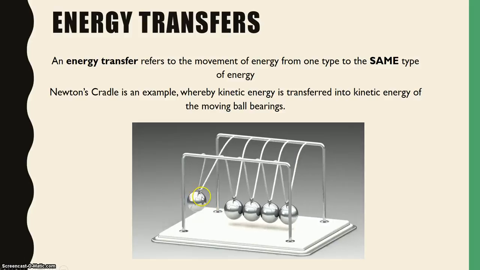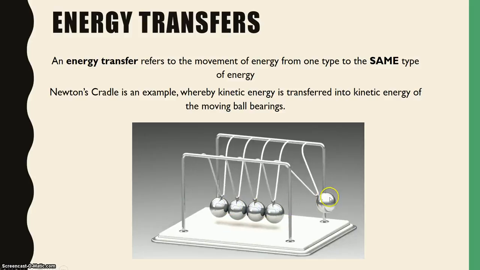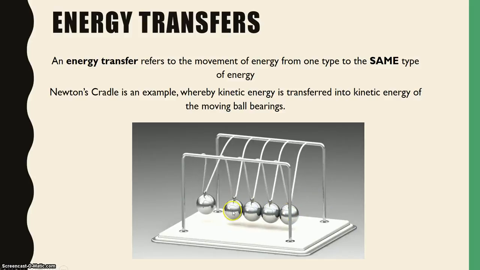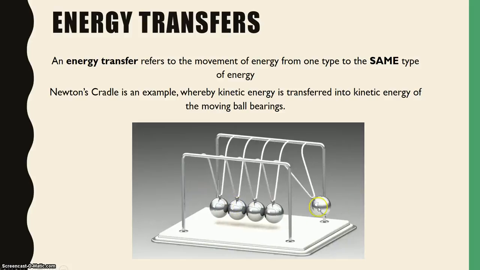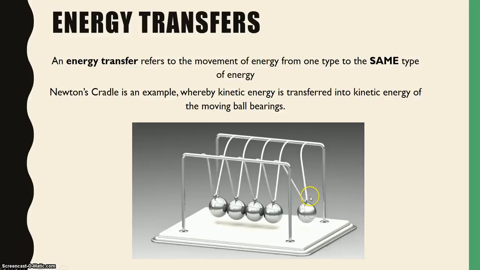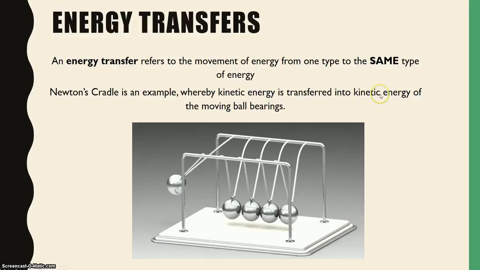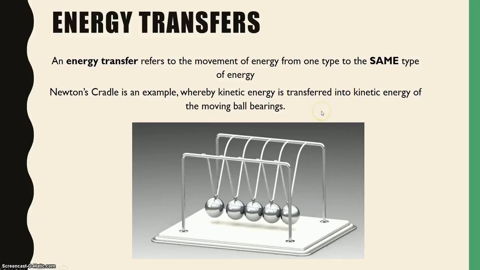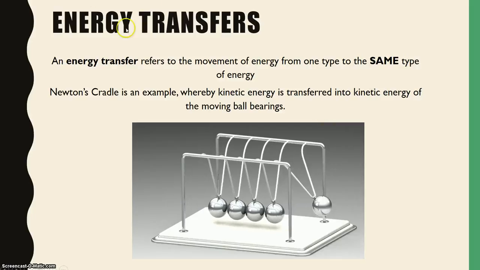When the ball bearing moves, it hits this ball bearing here. There's a transfer of kinetic energy to this one over here, which then goes back. So we have kinetic energy going into kinetic energy. Because the energies are the same, from the same type to the same type, they're called energy transfers.